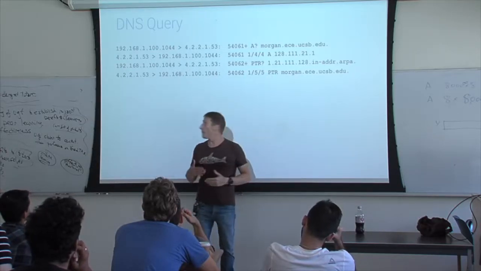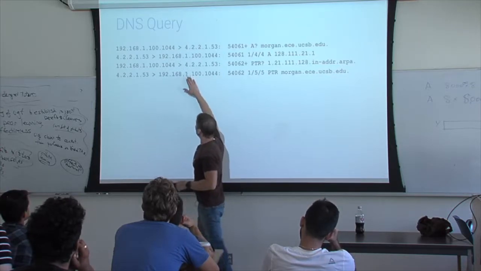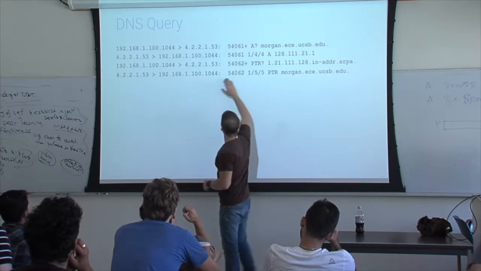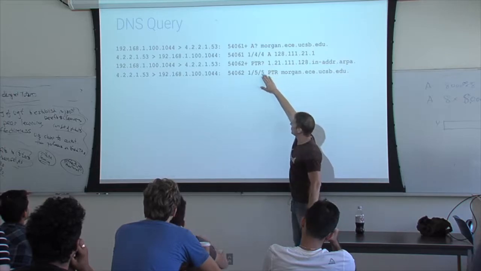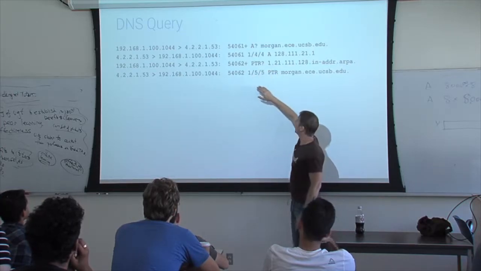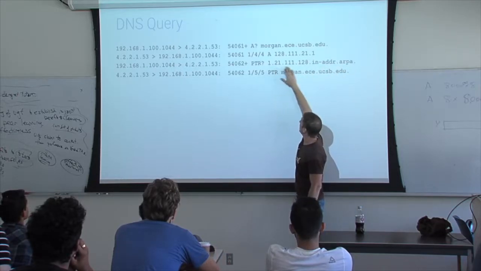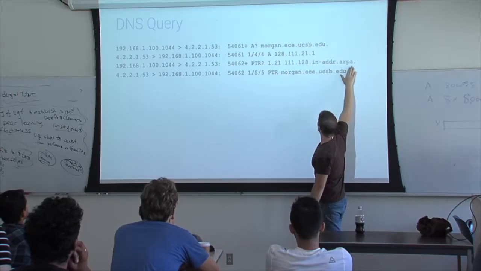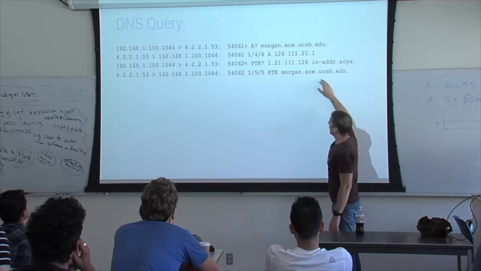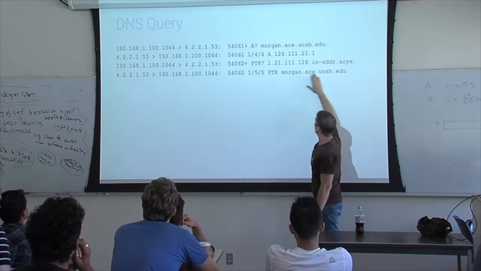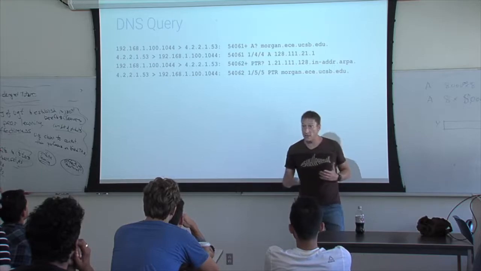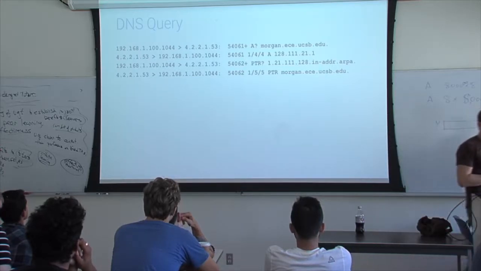And if you want to do the opposite and say, hey, I want to know what names are associated with that address, you do a pointer query, PTR, for this address. You can see that it's in reverse order and ends with in-addr.arpa. And you get a pointer response that tells you that that's the host name associated with it.